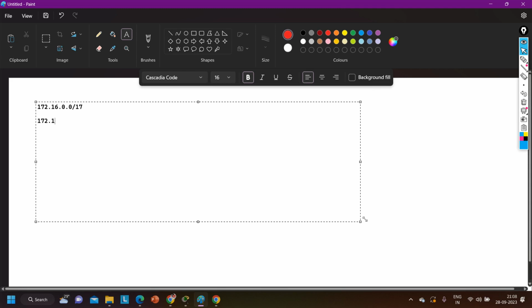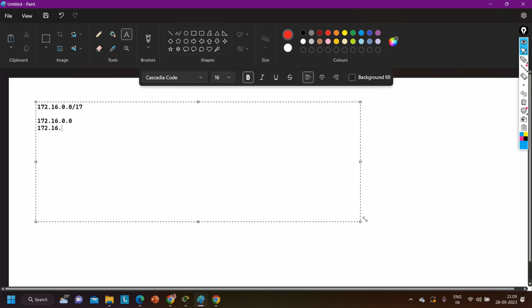The first network is 172.16.0.0 and the second network is 172.16.128.0. You will always add the block size in the octet where the last one is present.